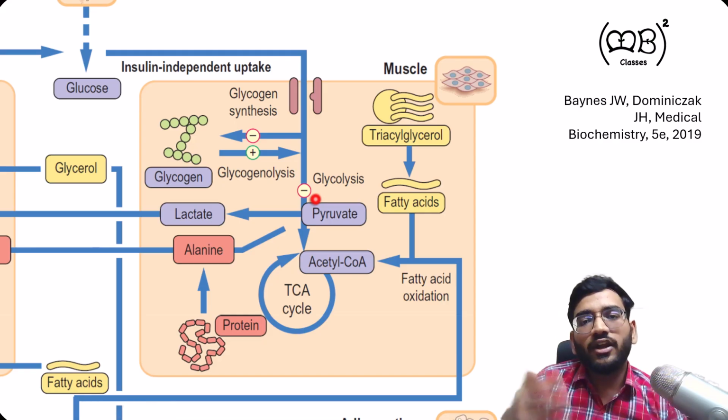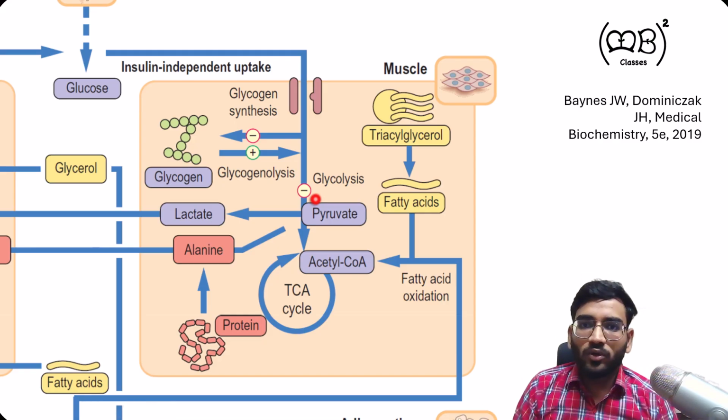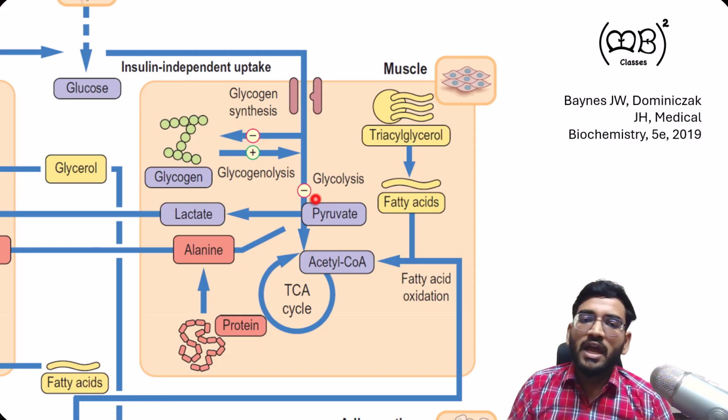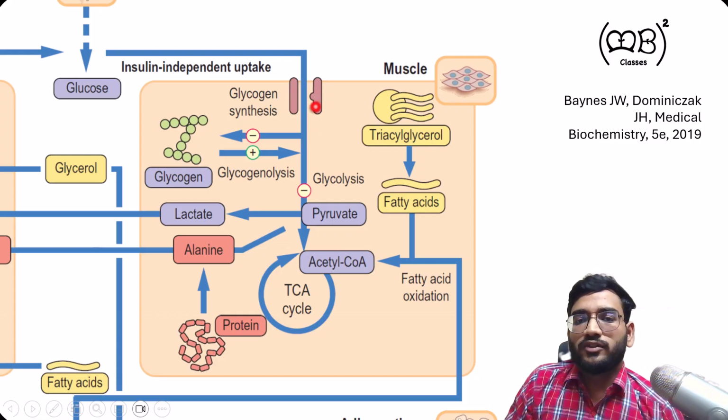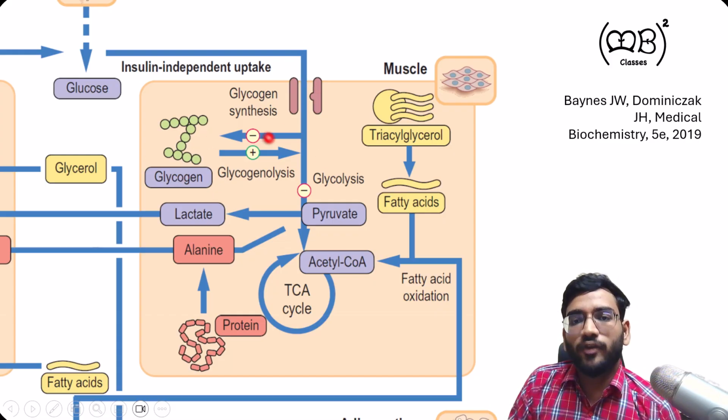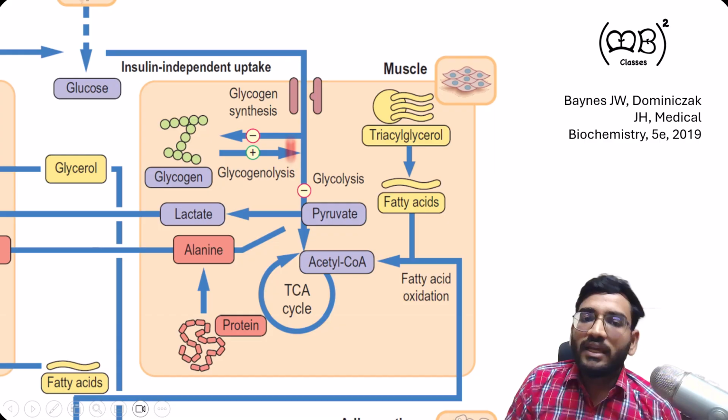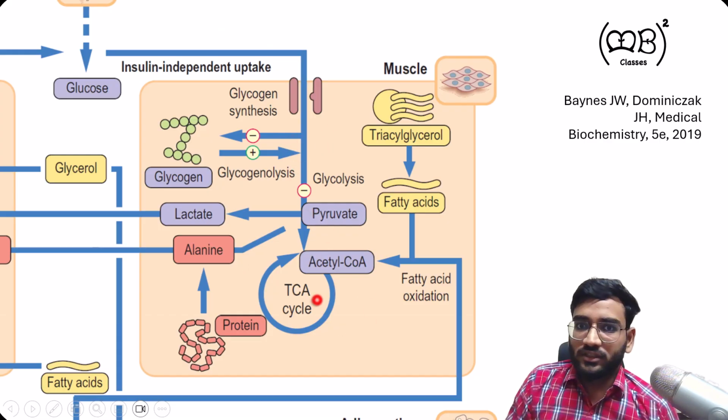So muscle cannot convert glucose 6-phosphate into glucose, and the GLUT transporters are bidirectional transporters for only glucose. They don't transport glucose 6-phosphate. So the glucose 6-phosphate formed by glycogen breakdown cannot go out. It can only go into the glycolytic pathway, and it forms energy.